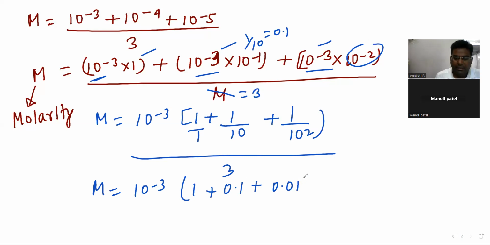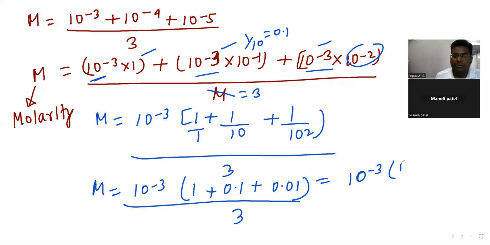Now add these three terms and divide by 3. It will be 10 raised to minus 3 into 1.11 divided by 3. So this is your molarity.